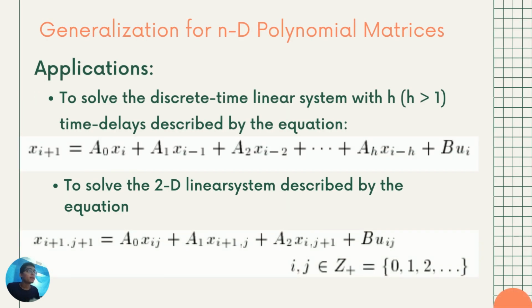So what are the applications of generalization for ND polynomial matrices? To solve the discrete time linear systems with H, where H is greater than 1, time delays described by the equation given below. As I have said, in the practical applications of Cayley Hamilton theorem, the delay of signals is a huge application for matrices.